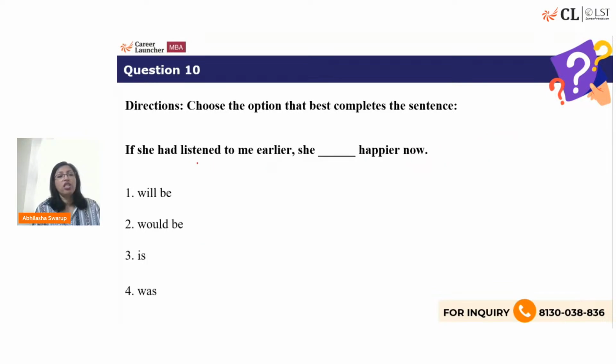If she had listened to me earlier, she... Okay, now this is a very complicated one. This is a mixed conditional. If past action taken or not taken, effect in the present. So if she had listened to me earlier, she would be happier now. So this one is the mixed conditional.